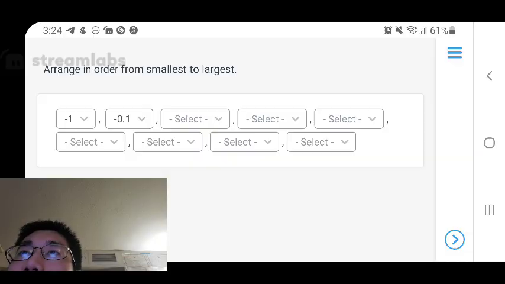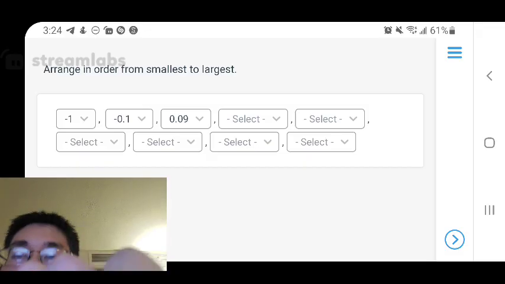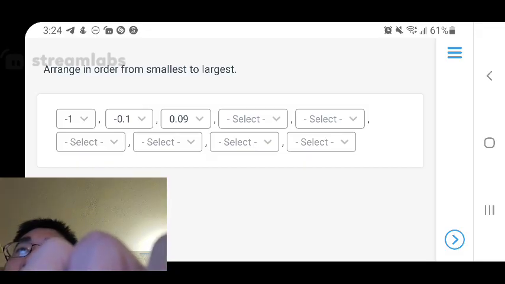And you go to 0. And again, just approximate. I don't need to figure it out. 0.09 is next, and then 0.1.